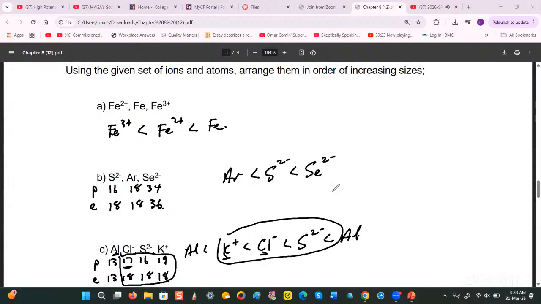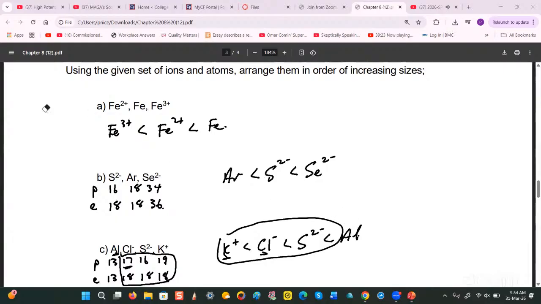It would be smaller compared to the potassium atom, but the potassium ion is smaller than the potassium atom. You see what I'm saying? So that's why I'm thinking that aluminum should be here. I'll check and make sure, but now that I'm thinking about it, let me make a correction here.